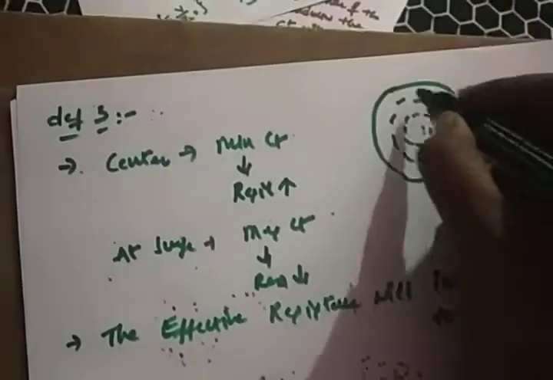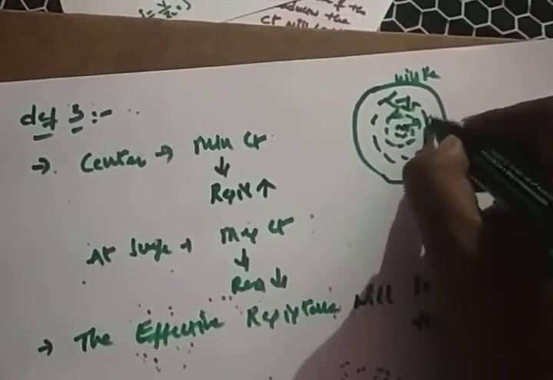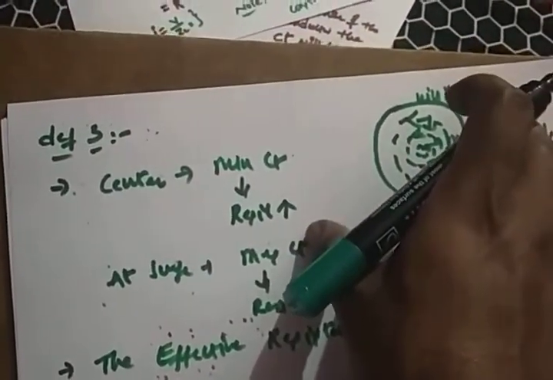Alright, so here we'll get the minimum resistance, and the resistance goes on increasing. At the center we'll get the maximum resistance. Then only the current will be less, I less. Here I will be increasing. So the effective resistance will be increasing from the surface to the center, right?